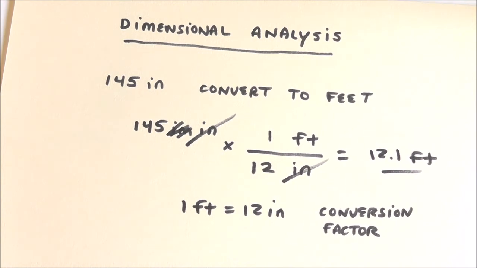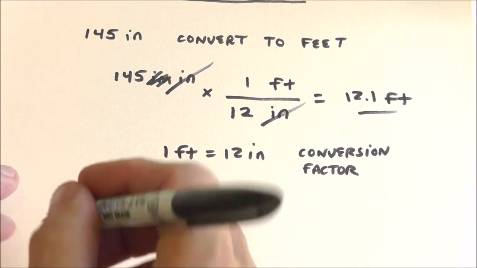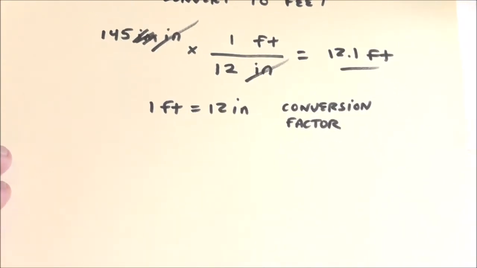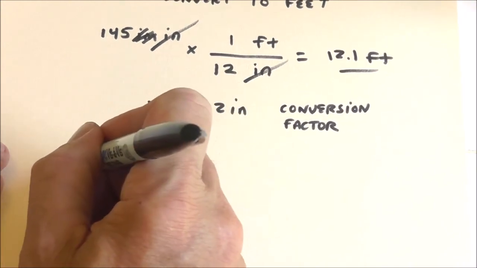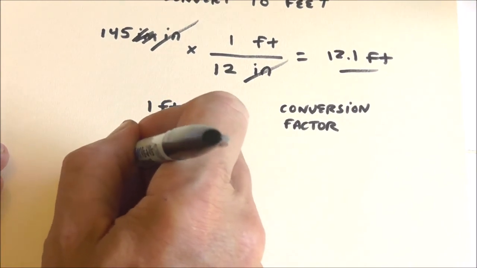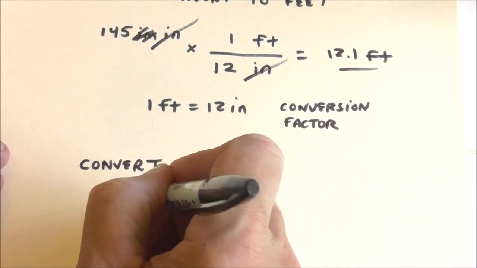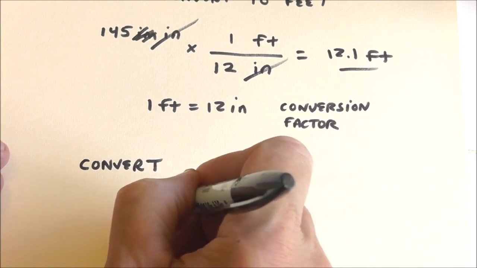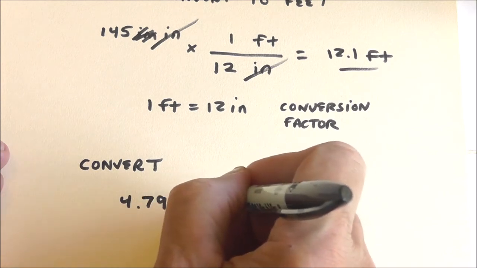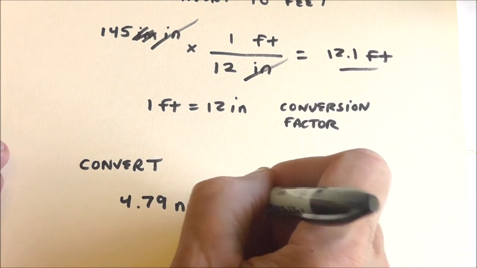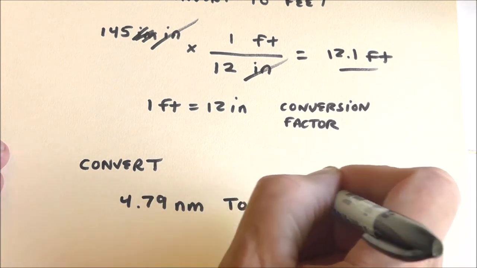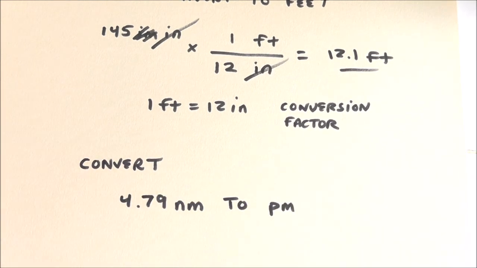Okay, so now here's what I want you to do next, and then we're going to do more of this next time. Let's say we were going to convert 4.79 nanometers to picometers, something like that.